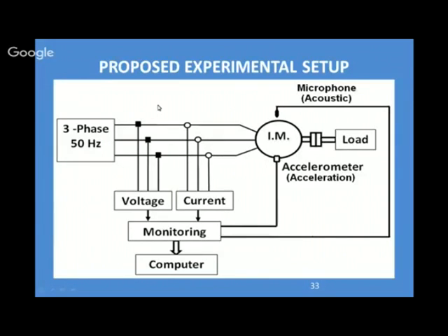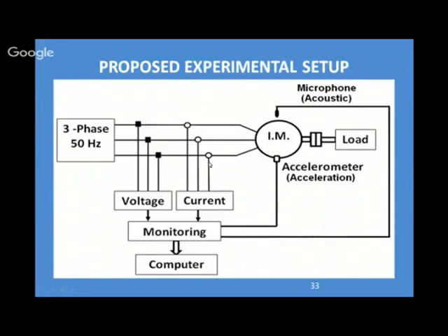So this is our proposed experimental setup. Here we have three-phase supply being fed to the motor. This supply is being monitored by us using the current clamps and voltage. Voltage can be directly measured by using the alligator type of clips here.